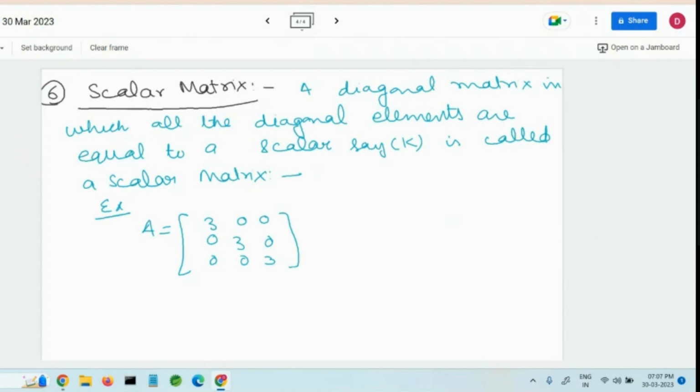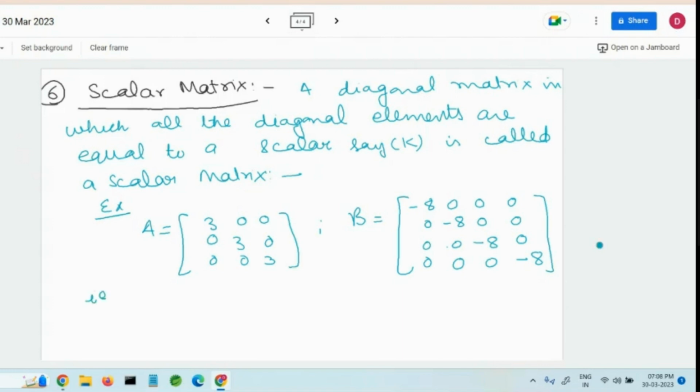Or we can say that Aij is equal to 0 when i is not equal to j. The other example is -8 on the diagonal and 0 elsewhere.